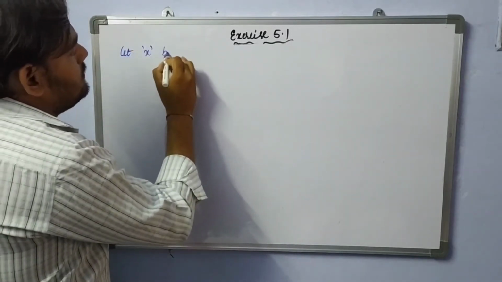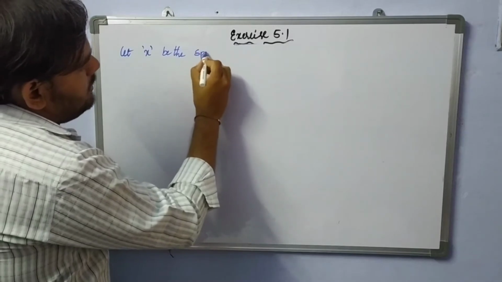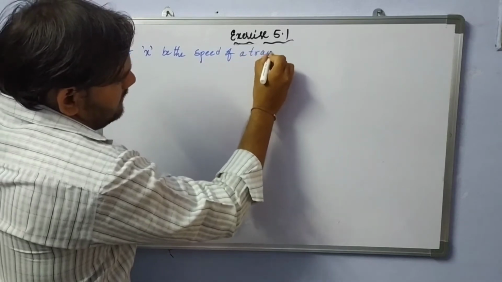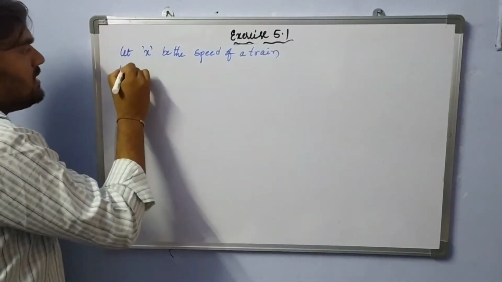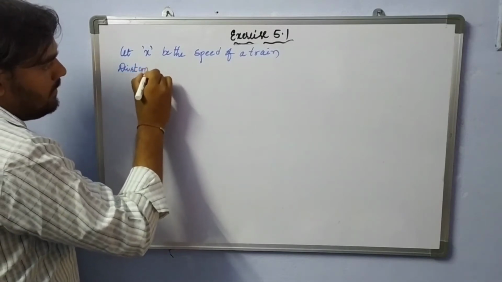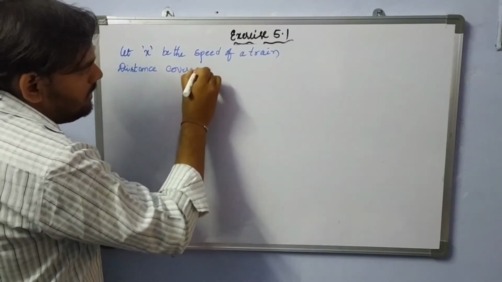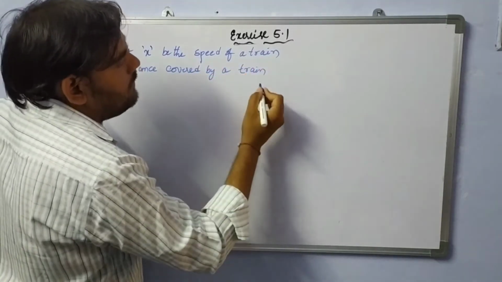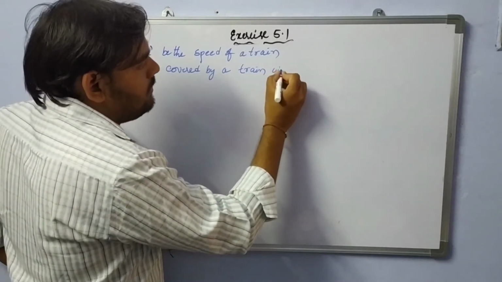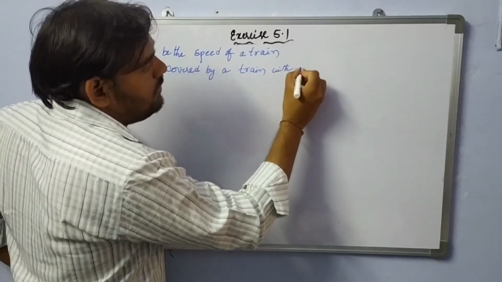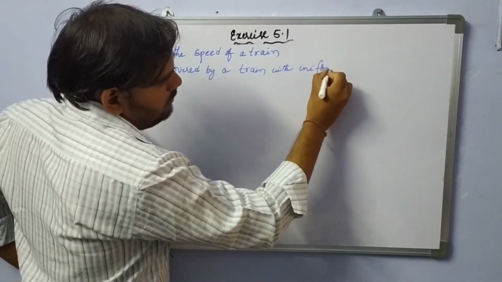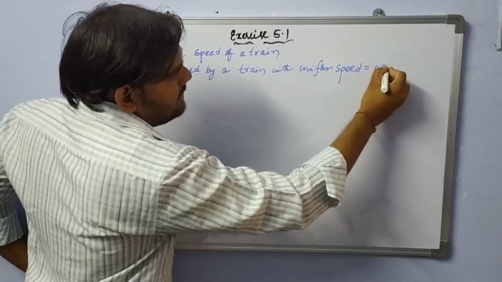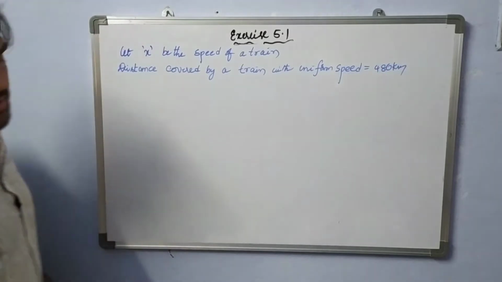So let x be the speed of the train. Next, the distance covered by the train with uniform speed is equal to 480 kilometers.